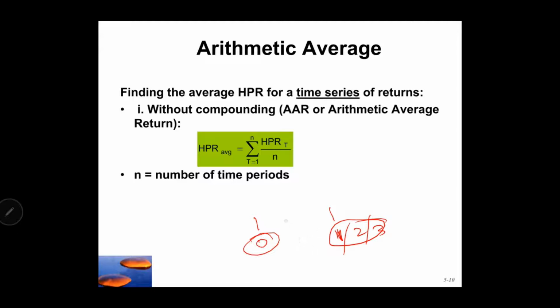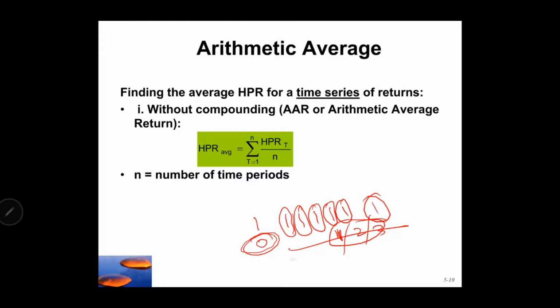But suppose you have invested today and you have different points of time, so you are getting returns at different points of time. If you have this kind of situation, how are you going to deal with the computation of return? Finding the average HPR for a time series return is simply taking the arithmetic average of the returns of all these periods.